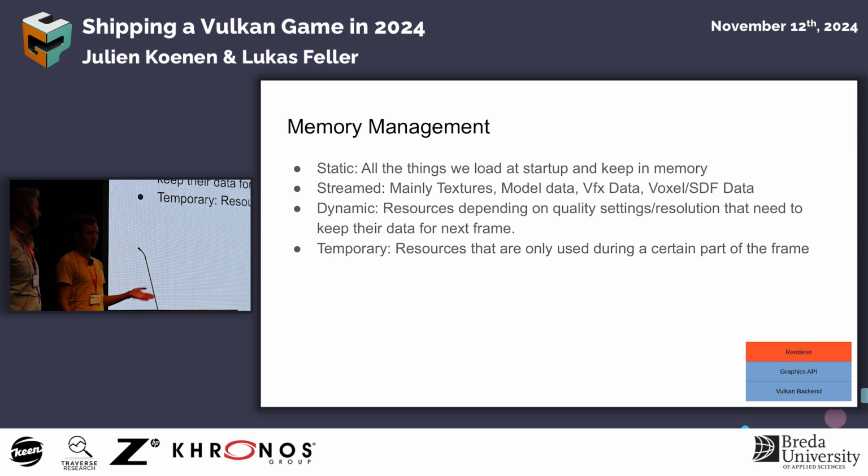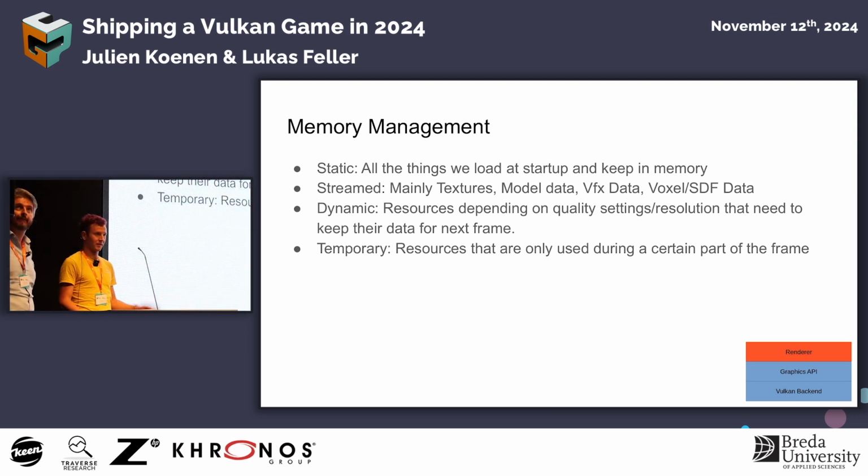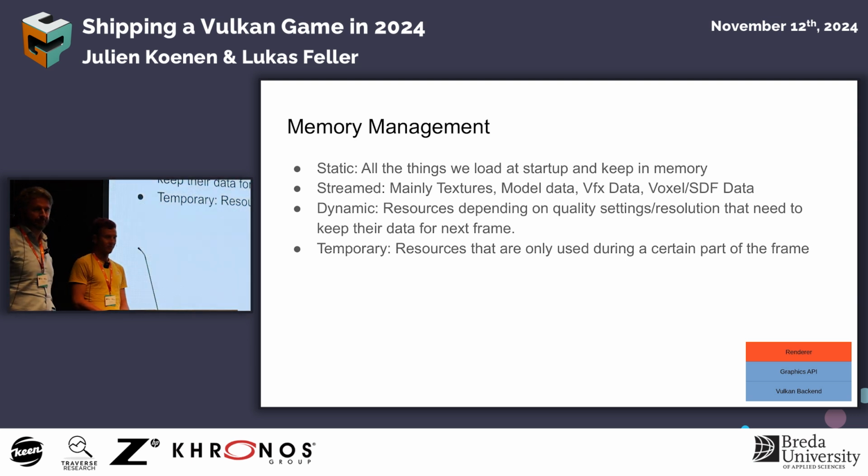And we have streamed memory, which is texture streaming, model data, VFX data, and we also have some SDF data. This is memory which is basically reallocated all the time while the game is running.